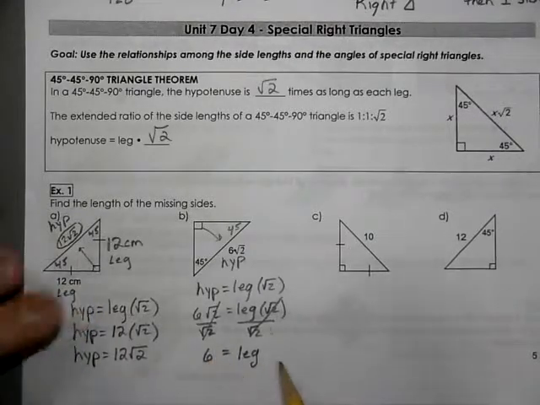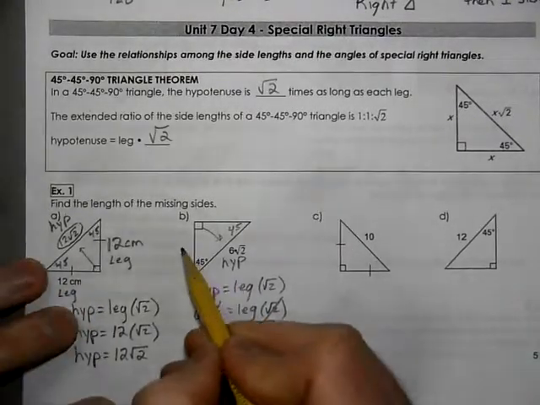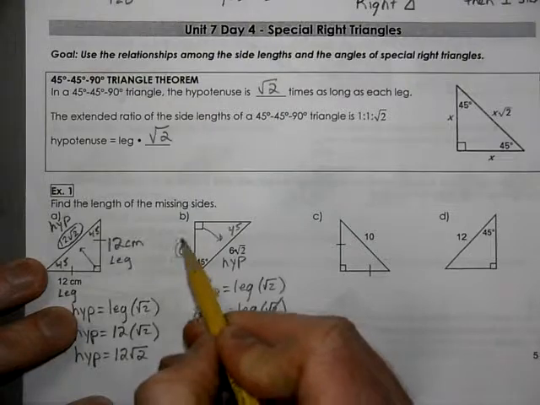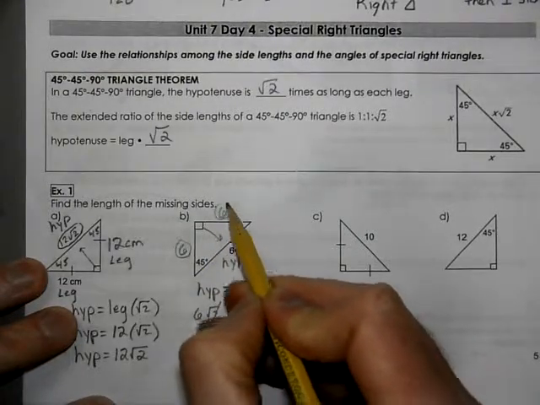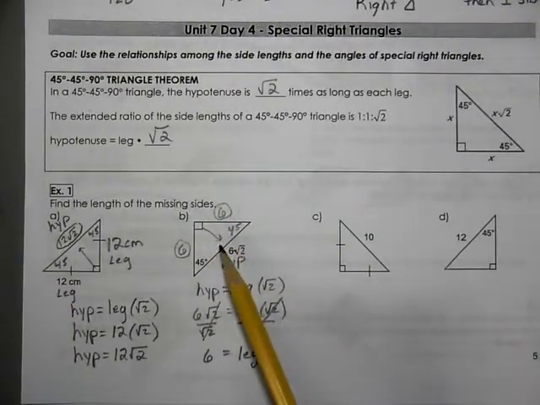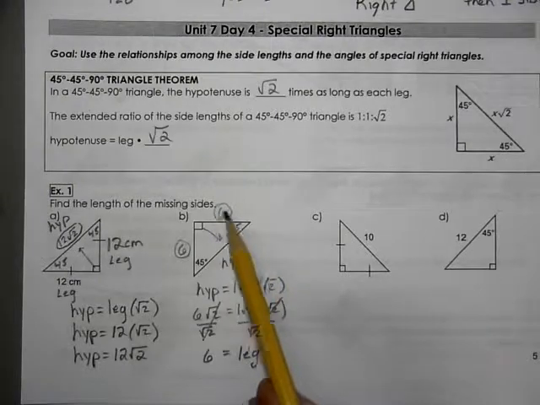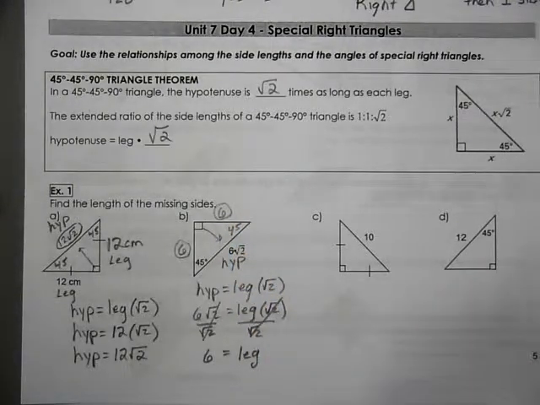That meant that the unknown side would have to be 6. Both the legs would then have to be 6. And it makes sense now: if the leg is 6, the hypotenuse has to be 6 times the square root of 2.